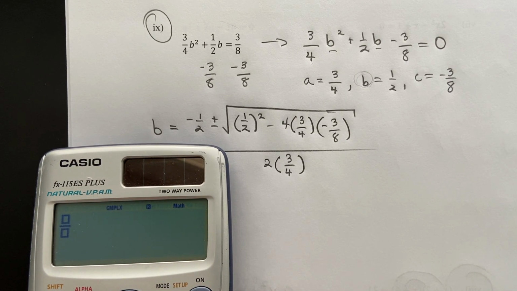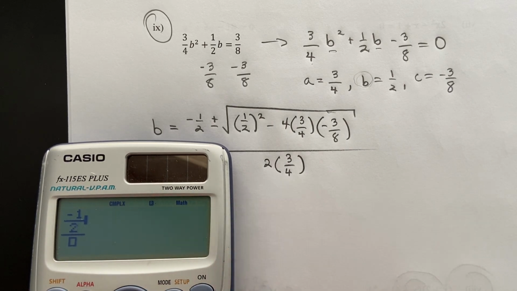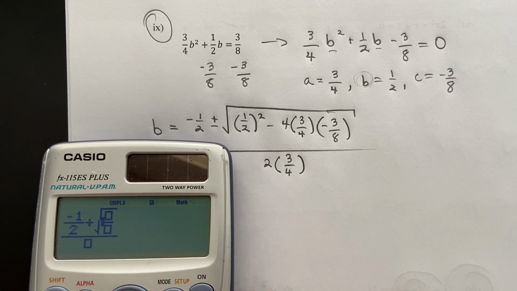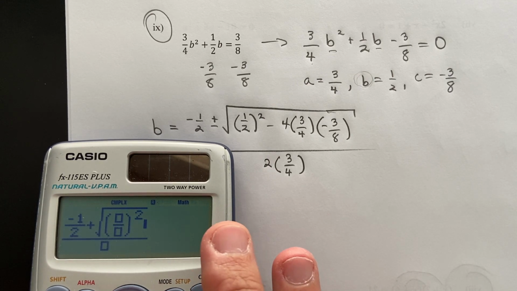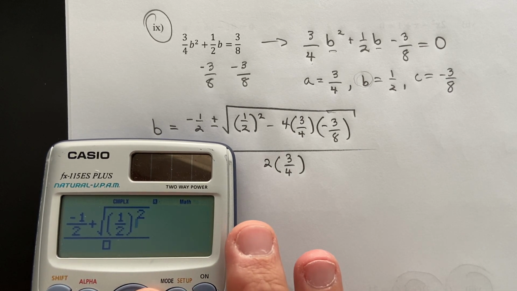So fraction, and then I have a fraction of -1/2 plus the square root. I guess I need parentheses. Go ahead and square it now. 1/2 in there.